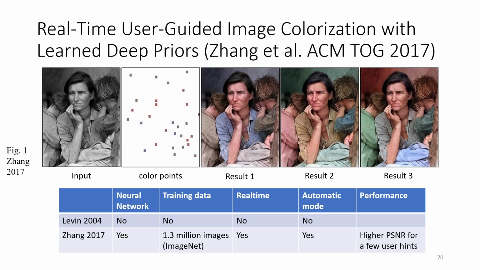It uses 1.3 million images from the ImageNet dataset. It's a quite large size. And because Zhang used a neural network, it can generate the results in real time. So it is quite a good advantage. But Levin's paper cannot.